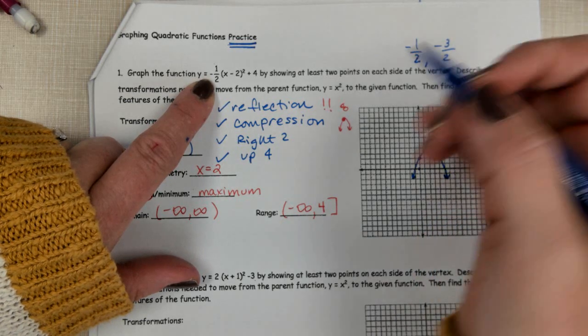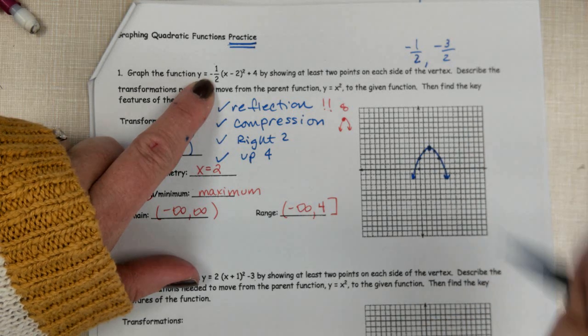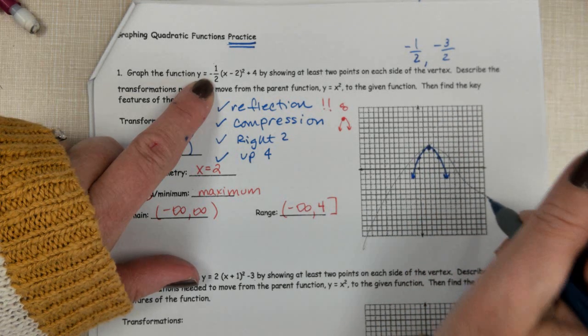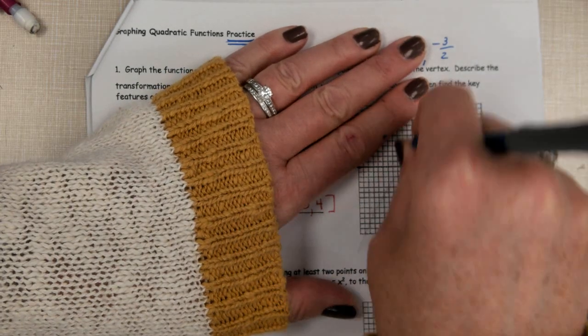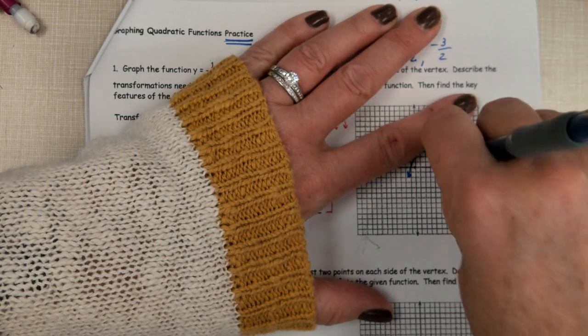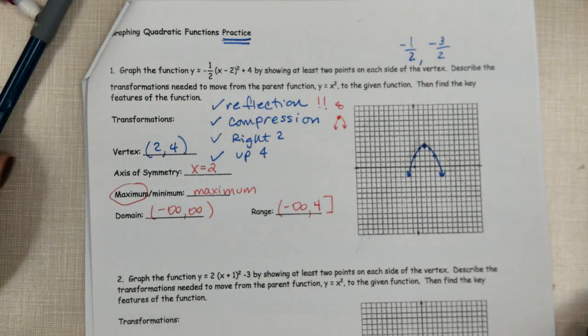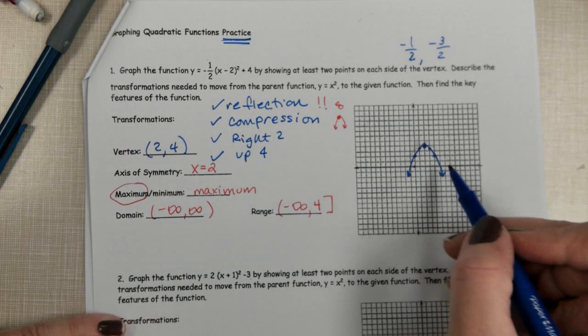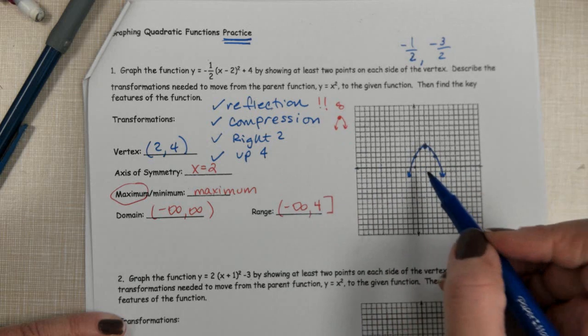Now, if you want to keep going, that's fine, but this is what I said earlier, don't get all crazy and make something that's not accurate, and then you'll lose a point. So if you're going to do more points, they have to be accurate. Okay? So again, sometimes I'll just plug in a point and see what I get.